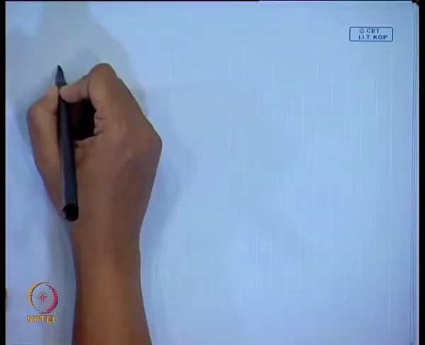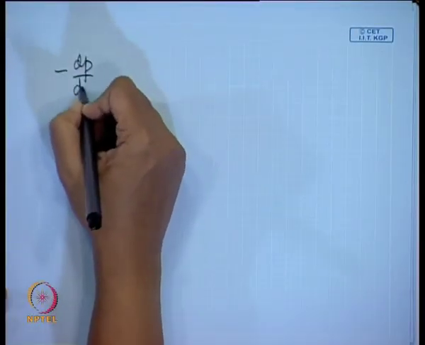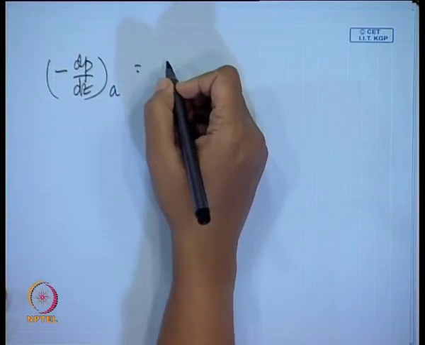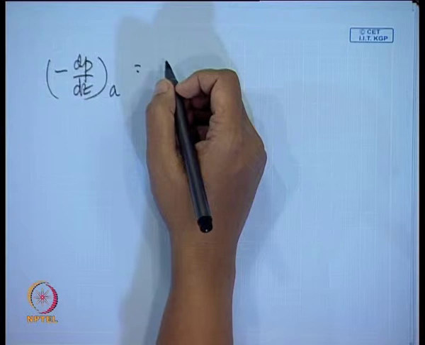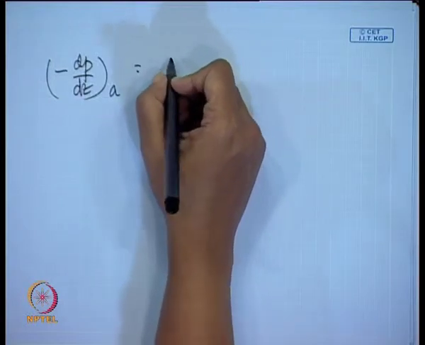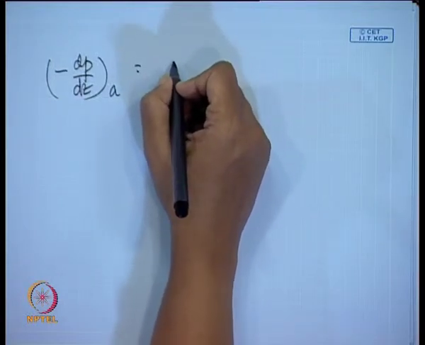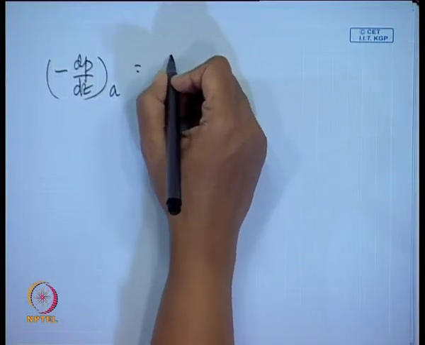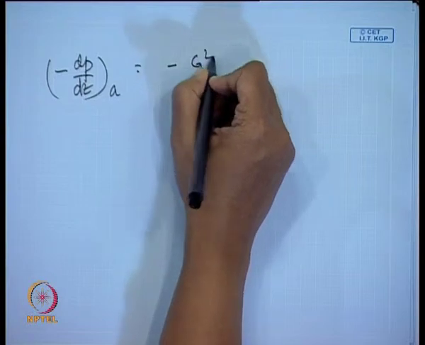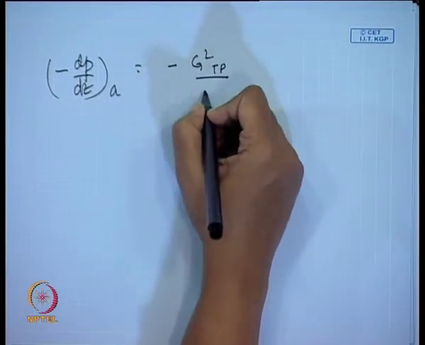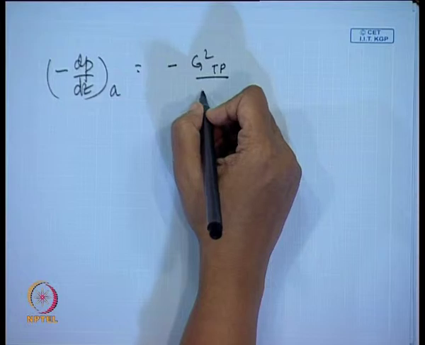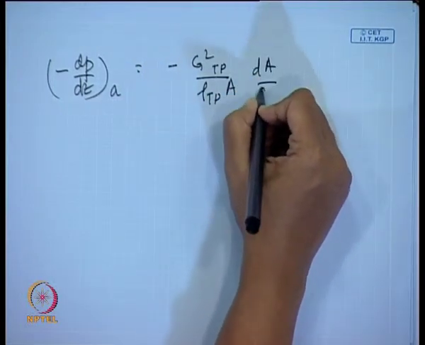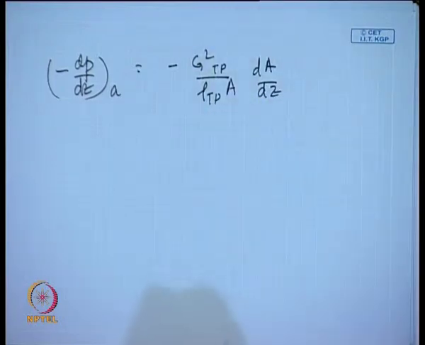So, from this particular situation, the thing which we get is specifically equal to, if you do it, minus G squared_TP by rho_TP A dA/dz, isn't it?